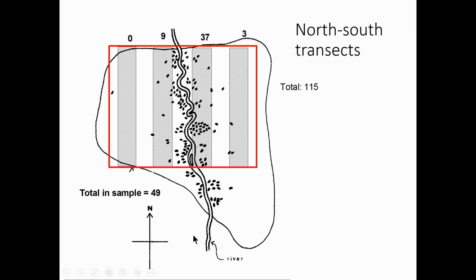We might be estimating about 98 animals out of this population of 115. That's our estimate. But one thing you will notice is that the numbers associated with each transect are highly variable. In this one, we have 0, this one 9, this one 37, and this one 3.